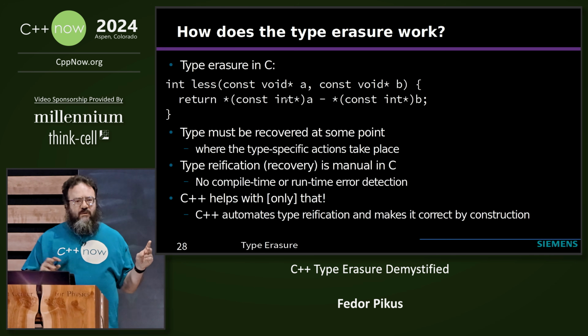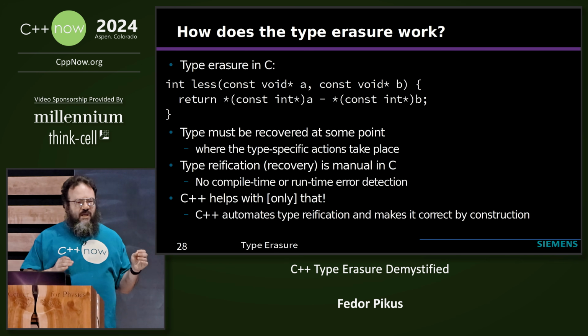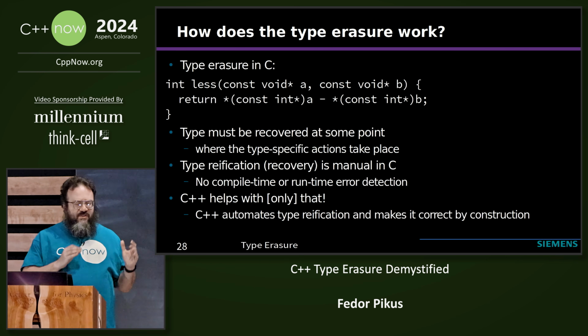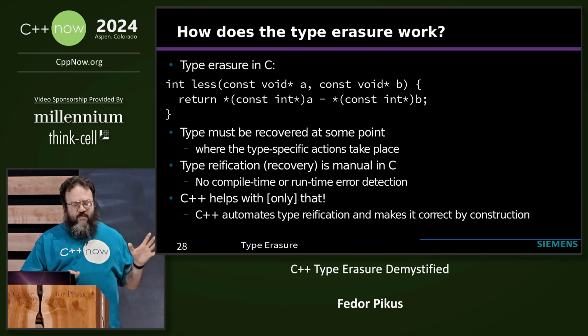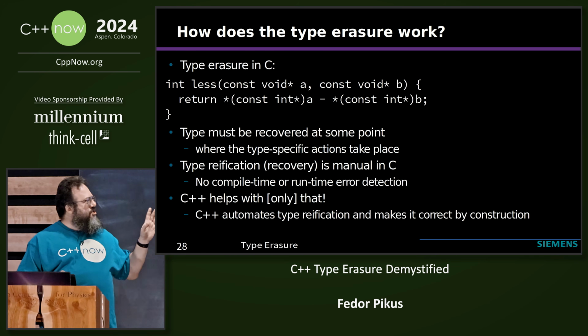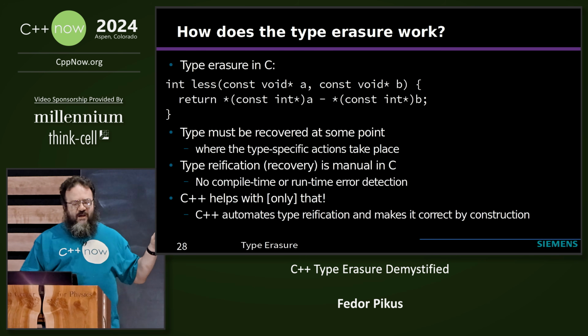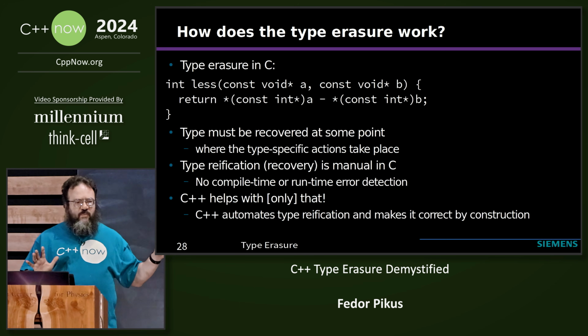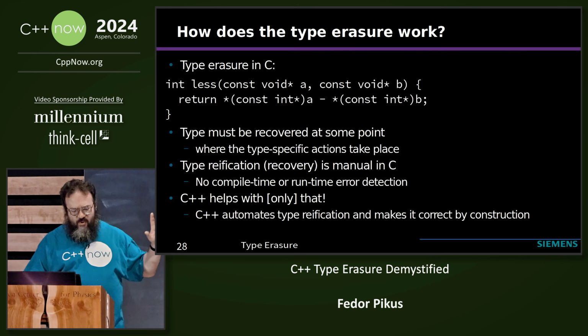The only thing, and it's a big thing, but from the understanding point of view, you have to understand that the only thing C++ adds to this is the ability to generate these functions, these reification functions, such that they're correct by construction, or you get compile time errors if they're incorrect. That's all C++ brings to the table. Other than that, this C model of reification is what we use in C++, of type erasure and reification.